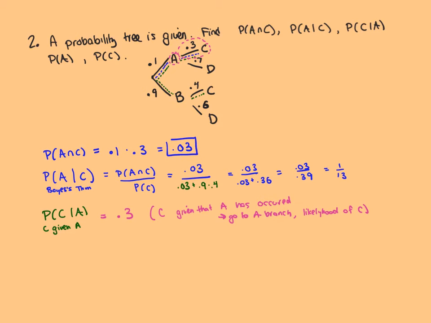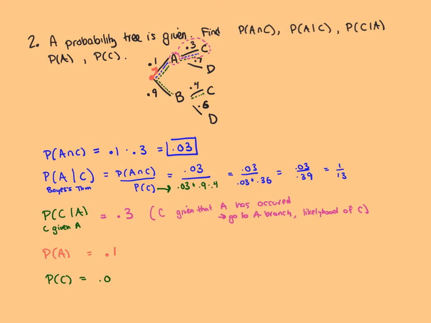All right, let's see what else we have. Probability of A: I'm just starting at the beginning. I want to know how likely A is to occur. So that's just 0.1. We can read that off the tree. And then the last thing we have is the probability of C. We actually had to calculate that up here.